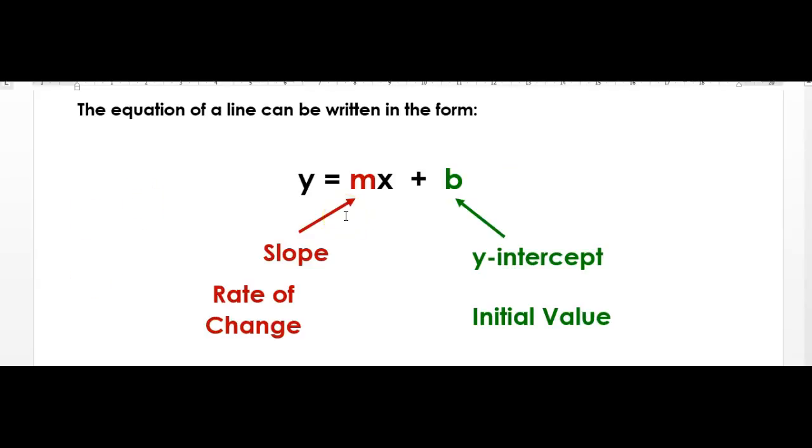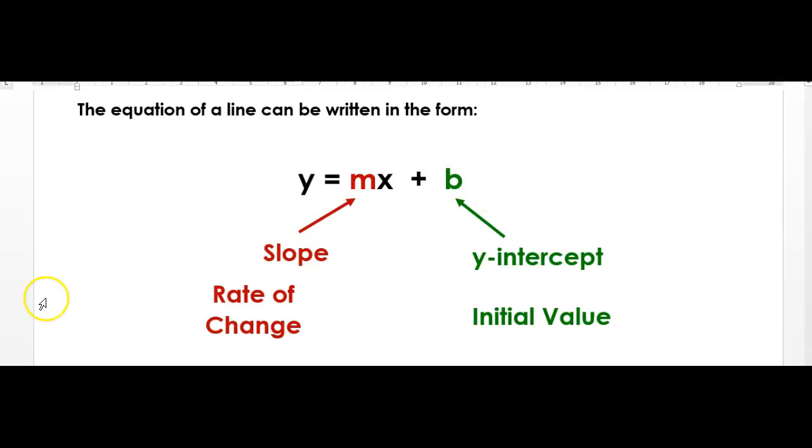So what I want you to notice here is that the slope, m, is the coefficient or the value beside the x term, my independent variable. And the y-intercept is this value over here all by its lonesome without a variable next to it.